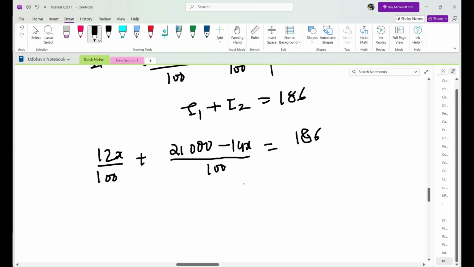We can take the LCM. 14 minus 12 will give us minus 2x.